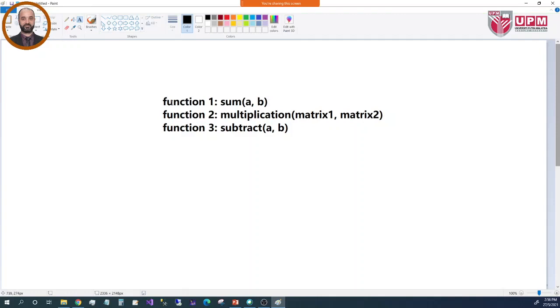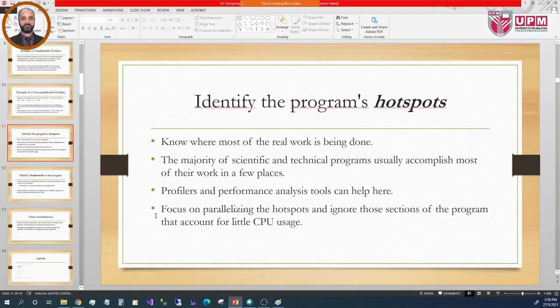Don't waste your time on function 1 or function 3. You need to focus only on function 2, okay? And also you need to focus on the frequently used functions. For the rarely used functions, there is no point making them parallel, unless they are rarely used but major.